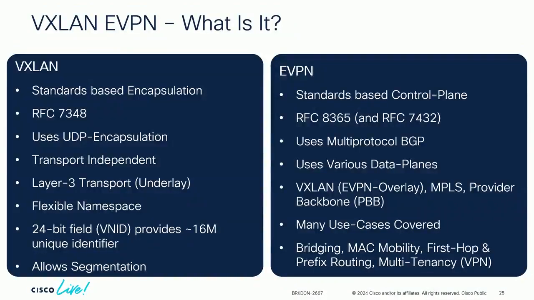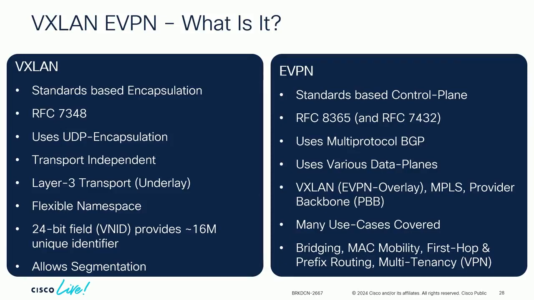Now, VXLAN is a standard, as is its corresponding control plane. VXLAN is the data plane encapsulation. It is UDP based. You see the RFC that we follow here. It is transport independent; as I talked about, we typically see a layer 3 IP routed transport at the underlay level.